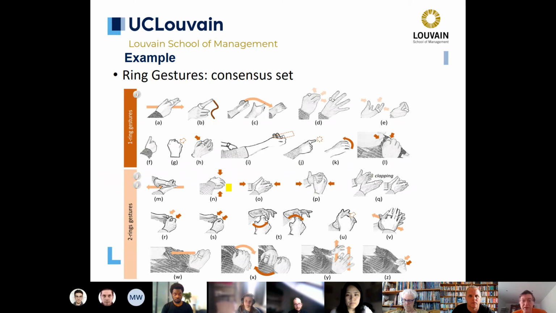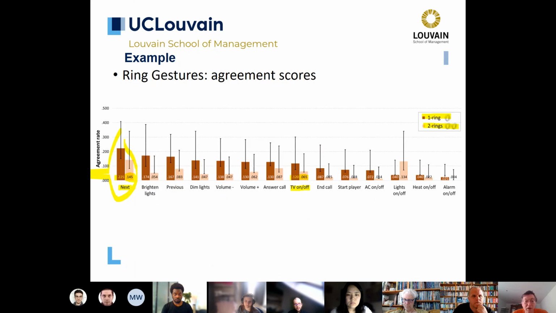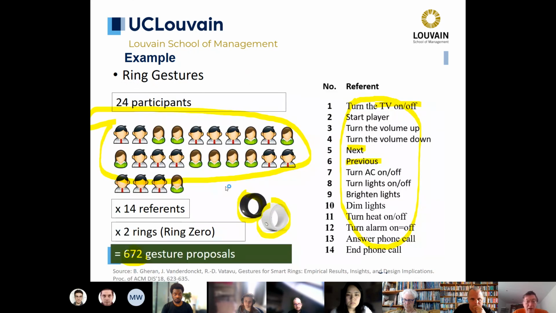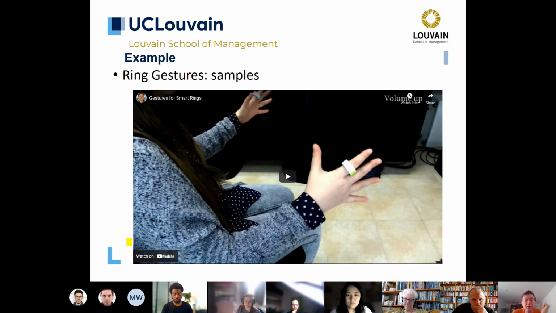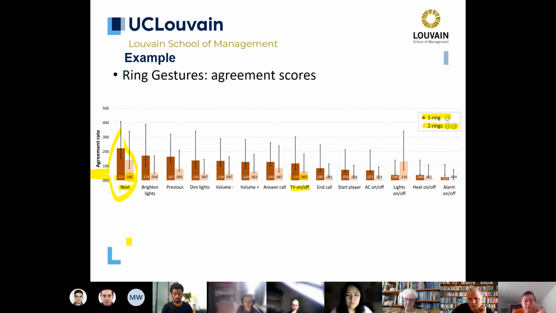And in the end, based on that, this is now here a catalog of the final gestures that have been selected from this analysis. Instead of having a very large amount of gesture proposals like here, some of them were just discarded because they were not proposed by many people, and some others were, of course, kept because of the agreement rate.